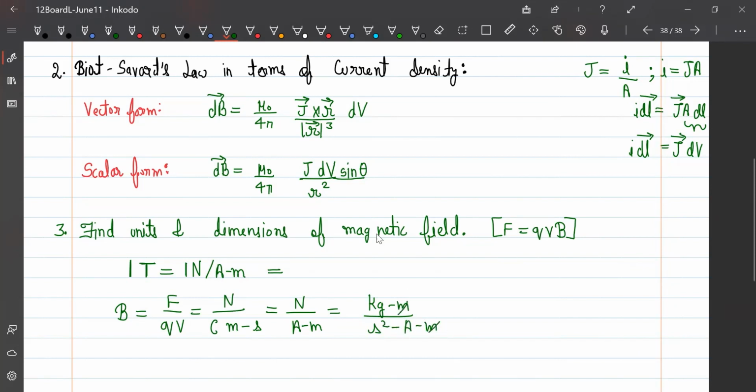So meter will get cancelled. We'll get this as kg per ampere per second square. So if you want to write the dimensions, so dimensions of magnetic field will become kg है तो M, current है तो I minus 1, and time second है तो T minus 2. So M I minus 1 T minus 2.